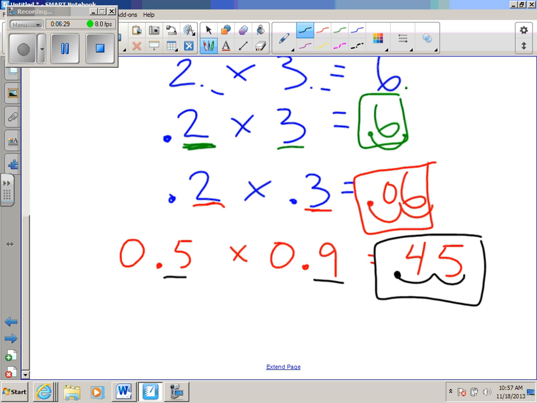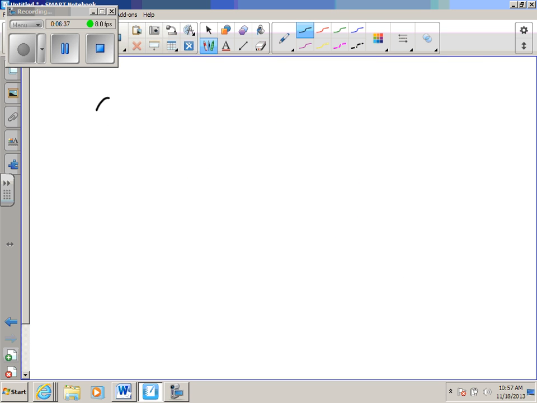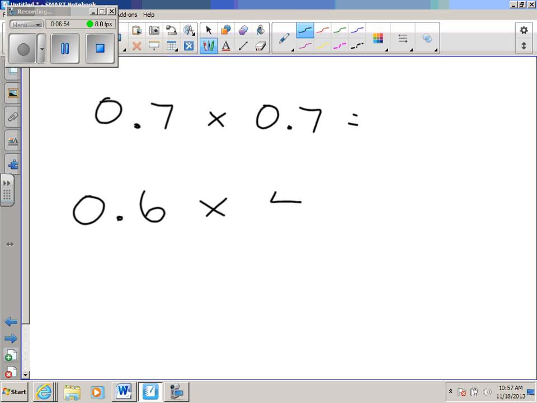Okay, so I'm going to give you a couple to try with the multiplication: 0.7 times 0.7 and 0.6 times 4.